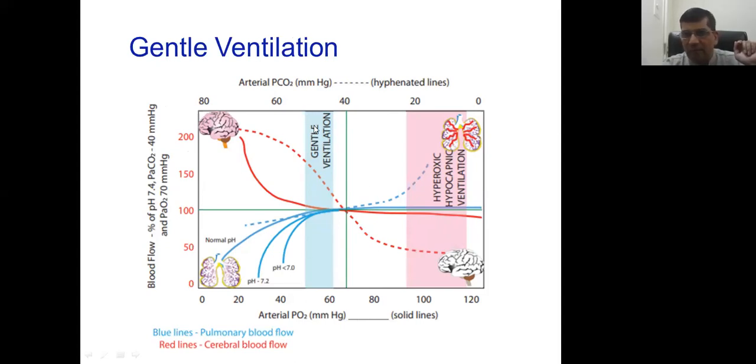What you want, as I just mentioned, is your PO2 preferably between 50 and maximum 70 to 80, and your CO2 with permissive hypercapnia, which is between 40 and 55. That is the acceptable range in these babies. That is what we are discussing. Otherwise, it will hamper your pulmonary blood flow, your systemic blood flow, and your cerebral blood flow, which you don't want.